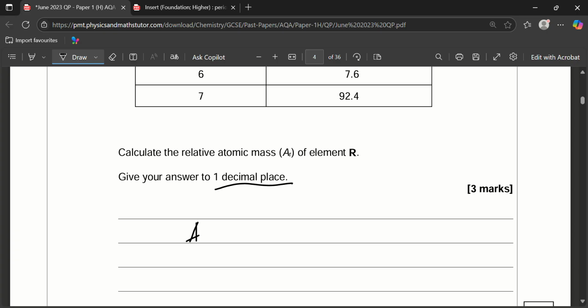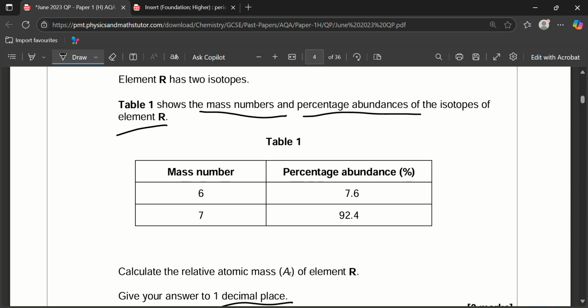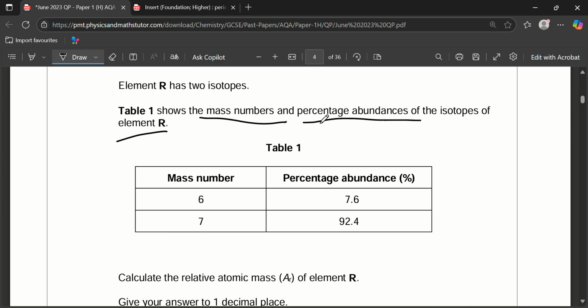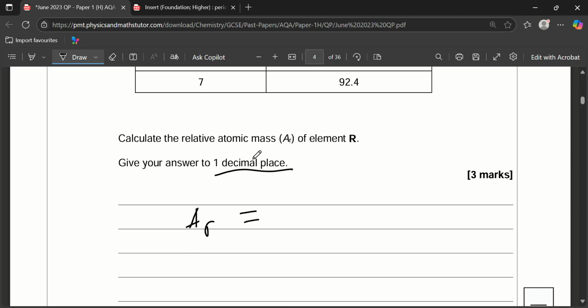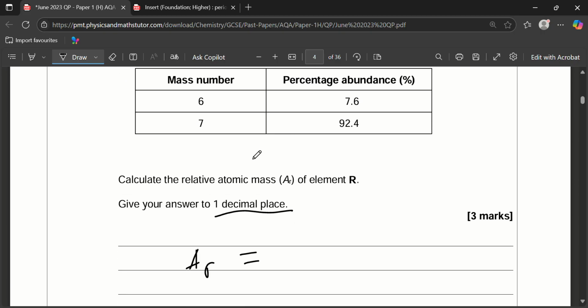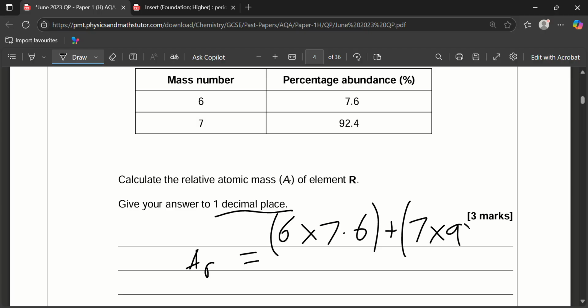Well, Ar is just simply going to be the mass numbers multiplied by the percentage abundances, the sum of that divided by 100. So we have 6 times 7.6 plus 7 times 92.4 all over 100.